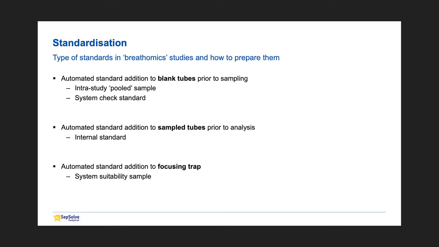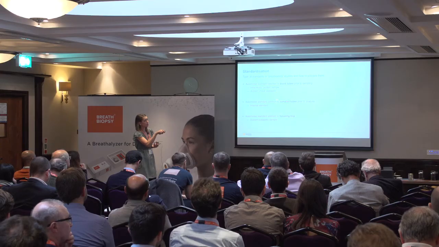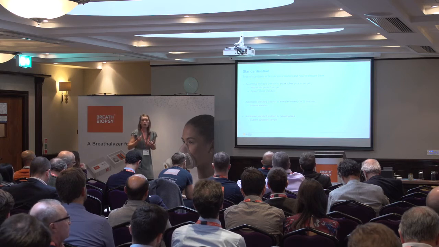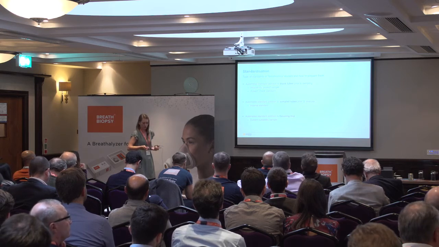So there are numerous ways to get standards onto the tubes to do the quality control. And I'm just going to look at a couple of ways of doing automated standard addition to either blank tubes, to sampled tubes, or directly onto the focusing trap.